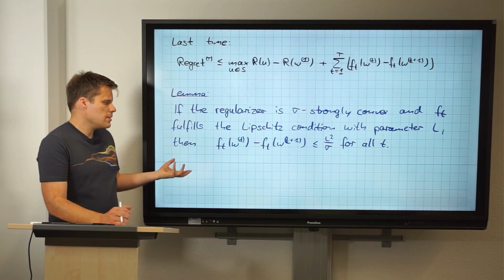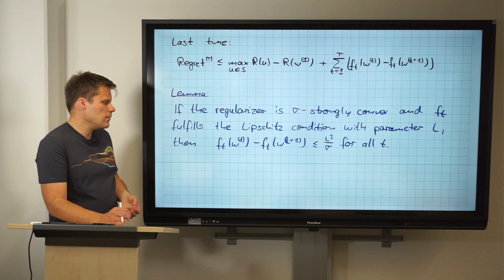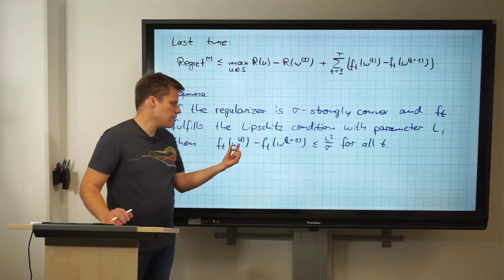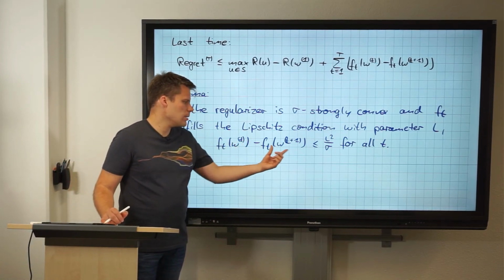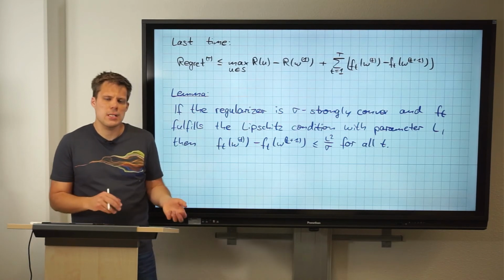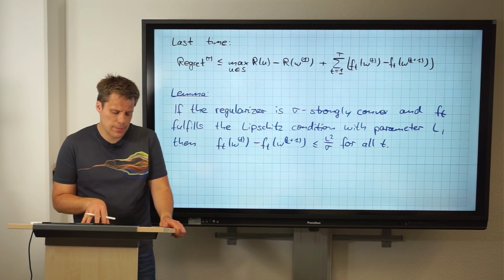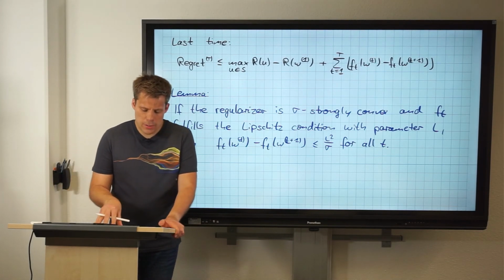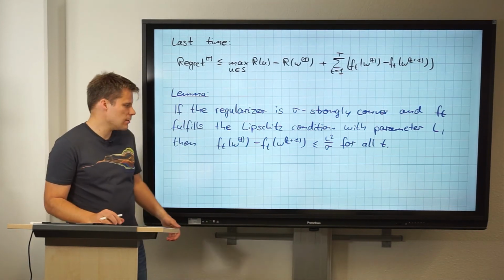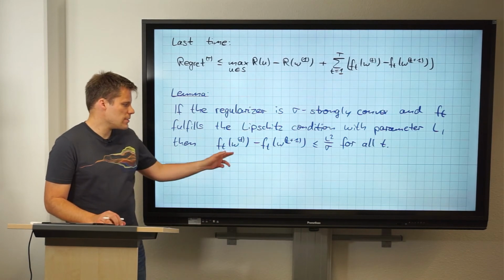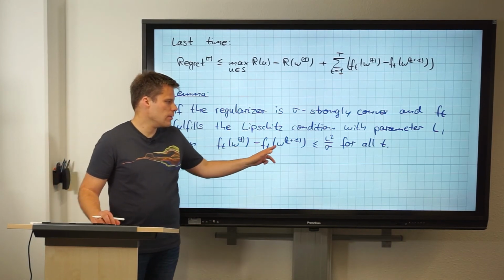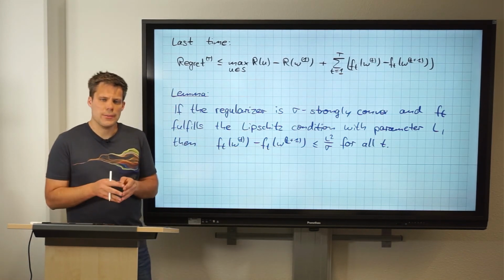And the hope is that we can use this strong convexity to say that Wt and Wt plus 1 will always be close together. And this is exactly what we will show. Due to the strong convexity, Wt and Wt plus 1 are close together.